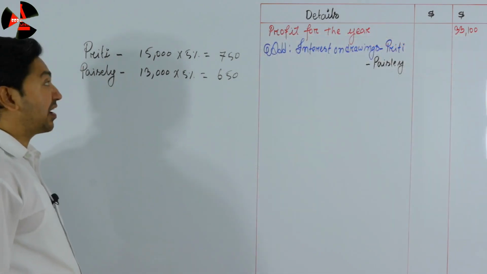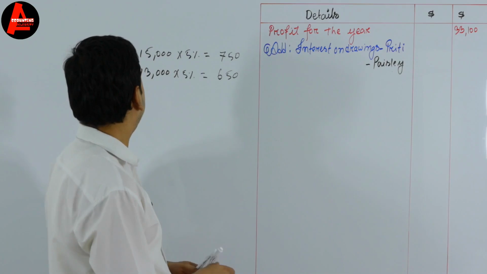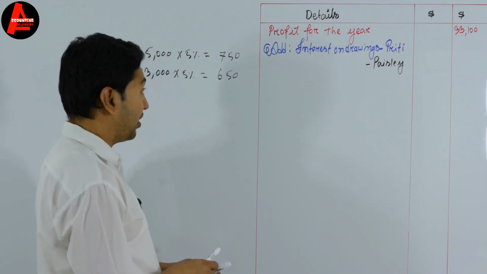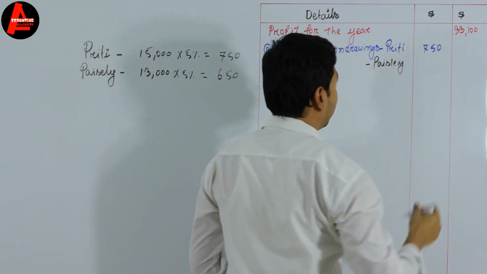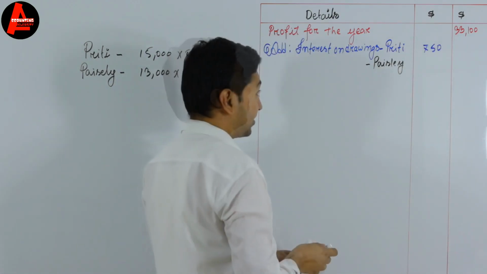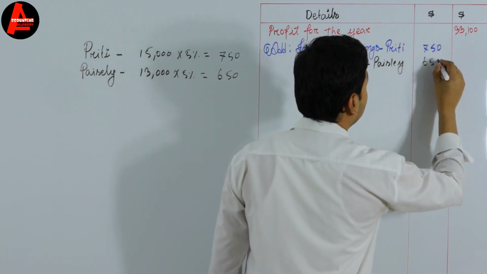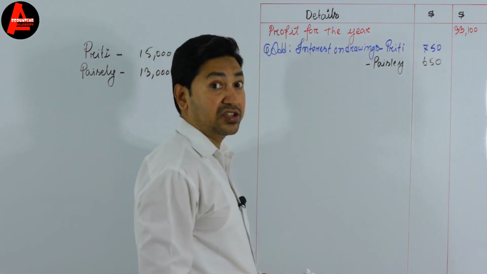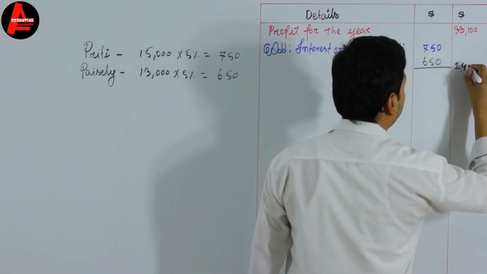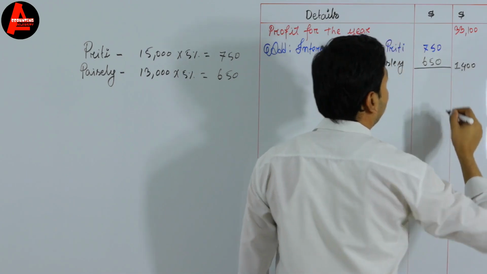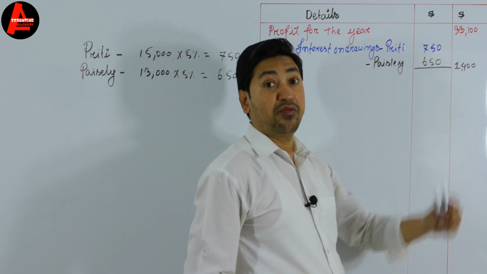Okay, simple calculation, nothing complicated. So let us write here the interest on drawings for Preeti, it is $750, and interest for Paisley will be here $650. Okay, so now if we add these two amounts, we get here 1,400, right?